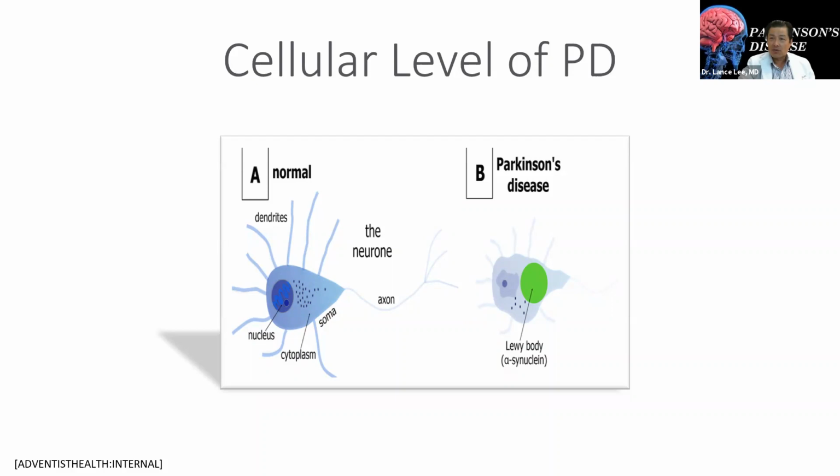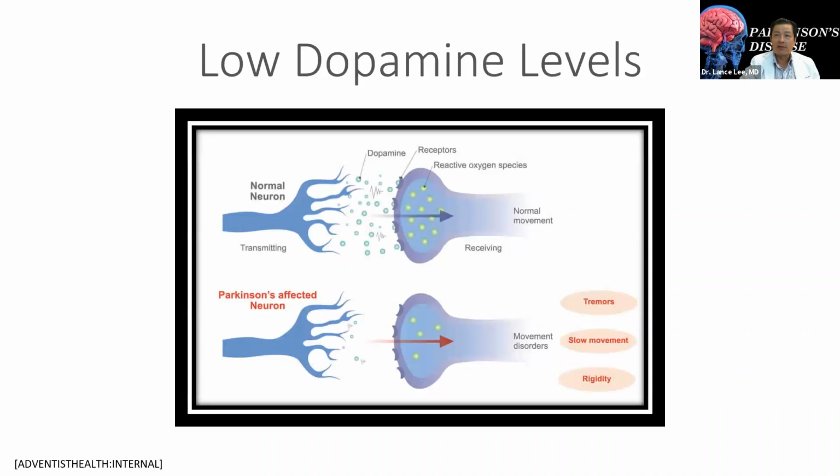As you develop this extra protein, the cell tends to die and stops producing dopamine anymore. That is the cellular level of Parkinson's disease. It is pretty striking. These were all discovered in the last 20, 25 years, and we're still learning more about Parkinson's disease.